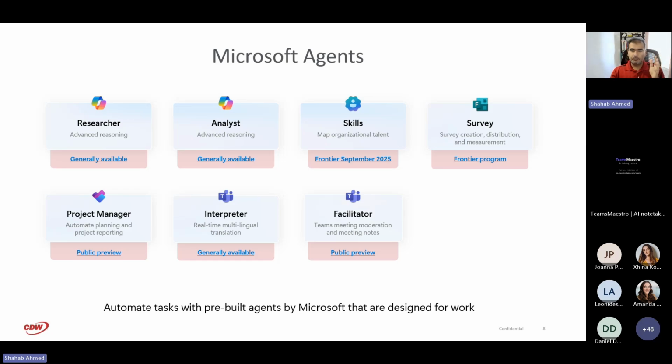So you can use the project manager agent to help you track status and updates against a project plan, right? Or you can use the facilitator agent to run meetings in person and on Teams at the same time, right? So those elements are very particular, but these agents are already built out. If you've got the M365 Copilot piece, they're included in your license, so use them.